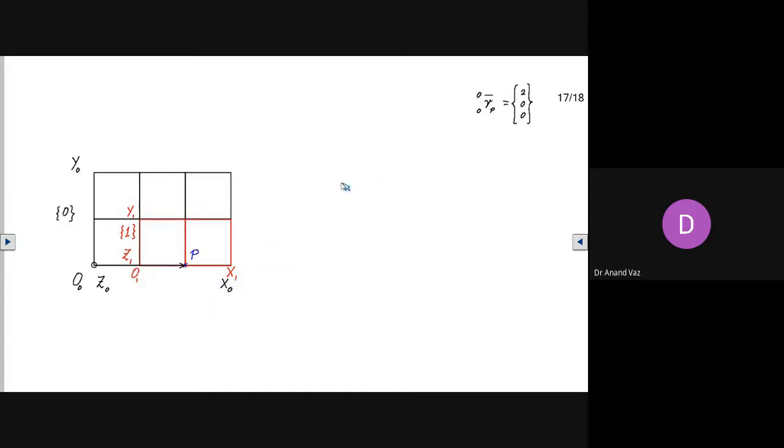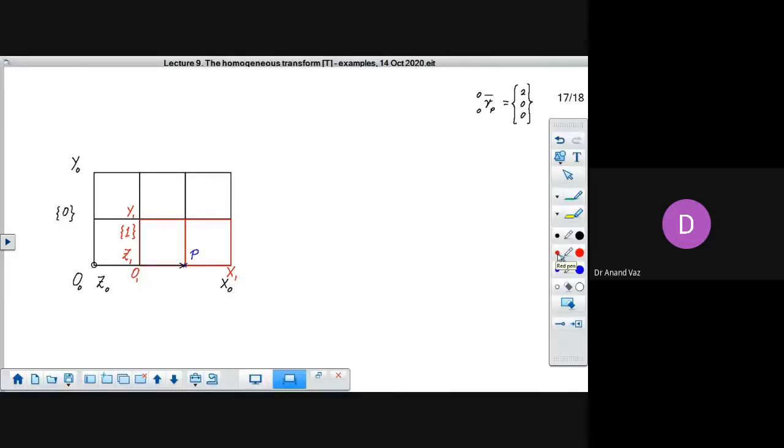Now, if we are to look at the position of the point P in the red frame, what is the position of the point P?